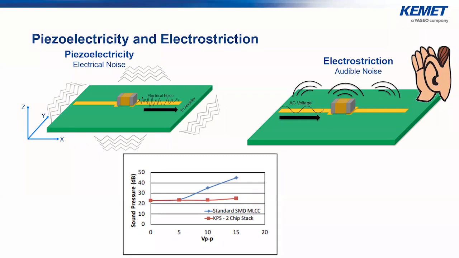It's supposed to be DC, but as we all know, it's got some AC ripple riding on top of it, and it's that AC that's causing this piezoelectric effect to be pronounced and cause resonance down to the PCB, and you get some audible vibrations to it. So it's definitely a phenomenon just of class 2 and 3s. Class 1s, because they're not piezoelectric, don't have that.